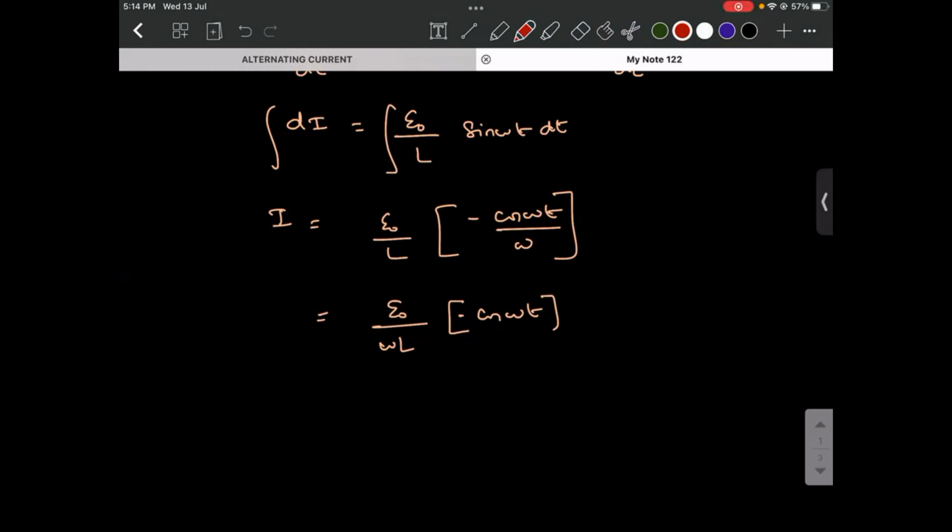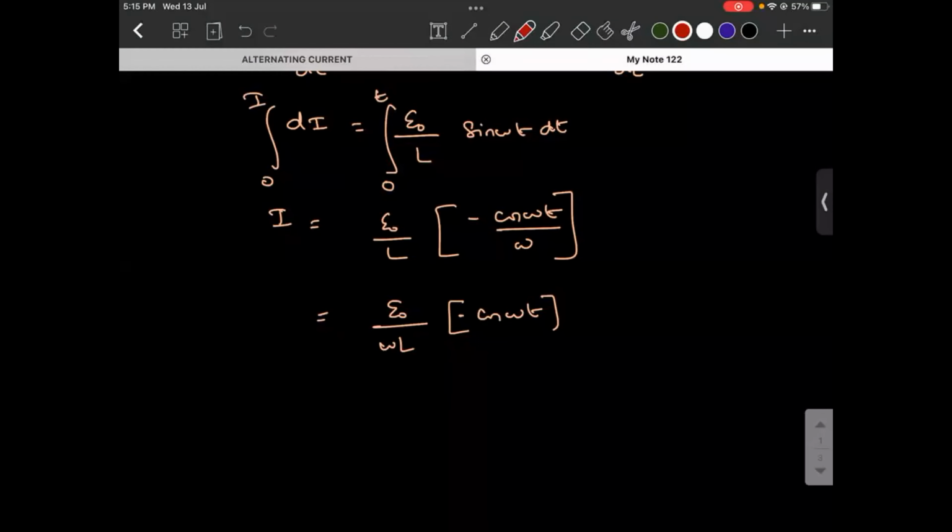The right hand side will be 0. When time was 0, the current induced was 0. When time is t, the current induced would be I. It's the same thing.